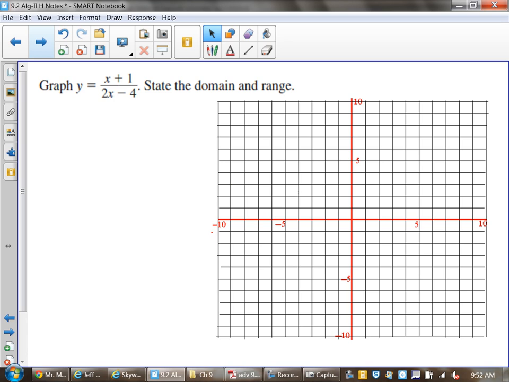So again, when I start this out, I know that my vertical asymptote is going to be at the 0 of my denominator. So my vertical asymptote is going to be at x equals 2.